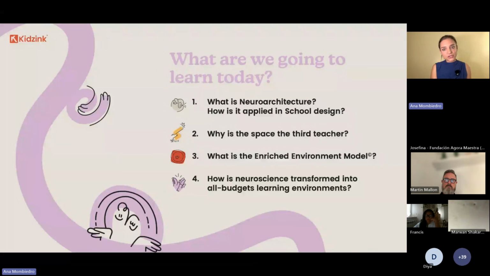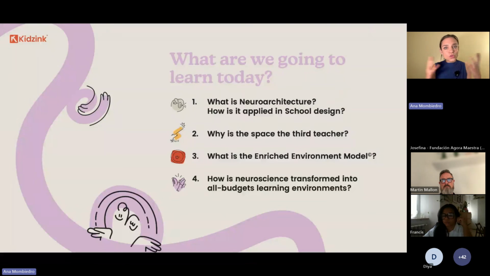The third thing we will learn about is what is the enriched environment model, that some of you may have heard of already. And the fourth thing is how all these things that I'm going to share with you in this lesson, which is the unification of neuroscience and architecture, is transformed into learning environments.